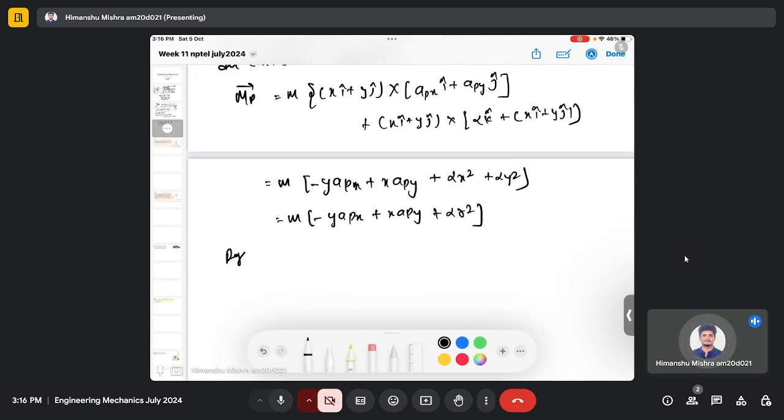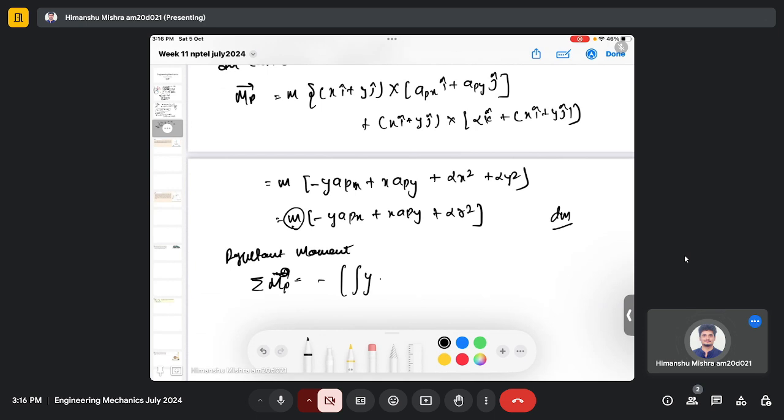Then the resultant moment, you can write in the scalar form, so it will be the integration of y. Here, I am taking the mass of a very small element, which I will denote by dm.